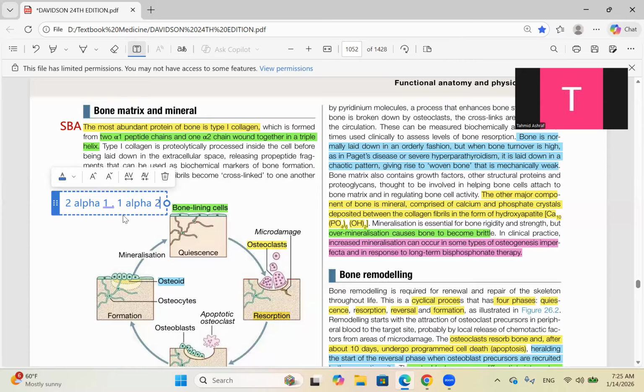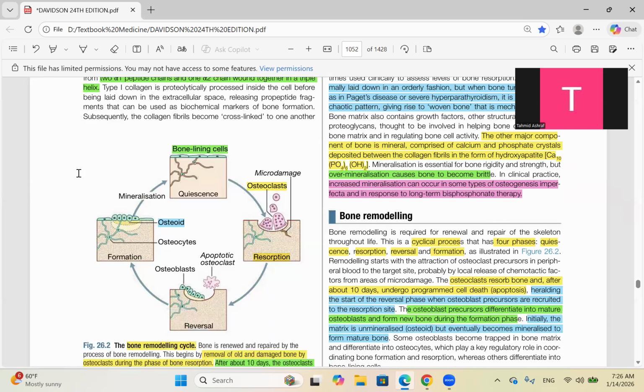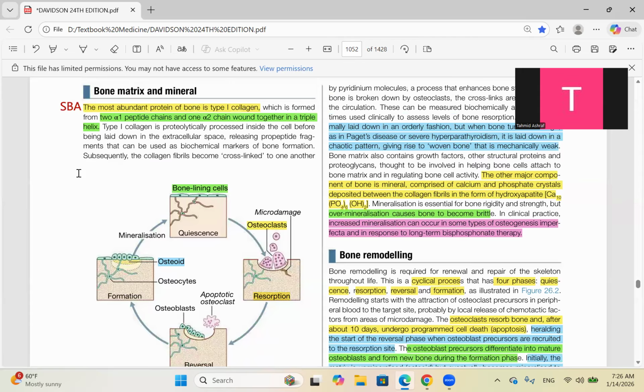So 2 alpha 1 and 1 alpha 2. These three chains make up a triple helical structure, which is type 1 collagen. I hope you have understood. If you still have confusion about this, you may comment. I will discuss it again in subsequent lectures.